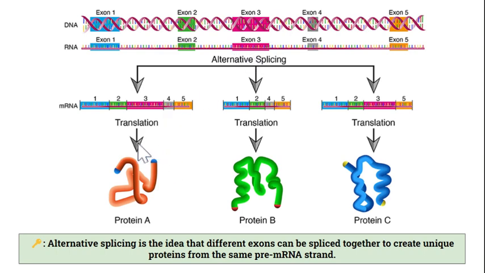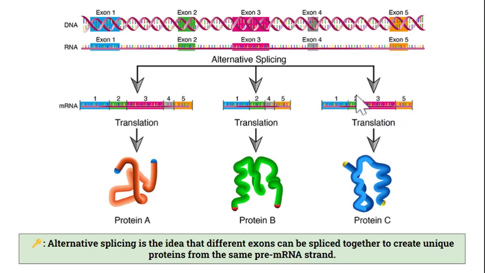And we can use different regions and splice them together differently in order to make unique proteins. So for example, if I wanted to make protein A, I'm going to splice together region 1, 2, 3, 4, and 5. If I wanted to make protein B, I'm just going to splice together 1, 2, 4, and 5. I'm going to cut 3 out. And since I left this whole segment of information out, I've now created a totally unique protein from the same RNA I've had before. And you can also do it for any other number.